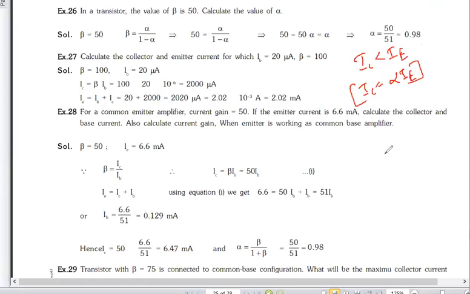Now, if you substitute this, because IC is beta IB, and use these two in IC plus IB is equal to IE, you will get this relationship.